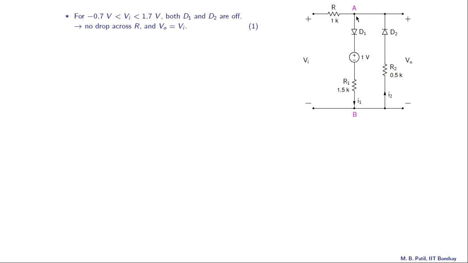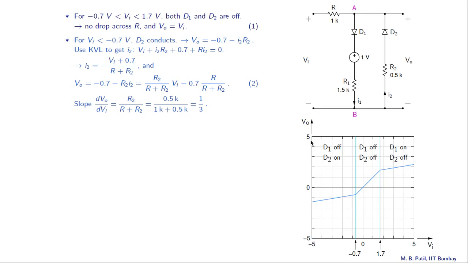So that means there is no current in this branch, no current in this branch. So therefore there is no possibility of any current through R. So what it means is this output voltage Vo must then be equal to Vi, because there is no voltage drop over here, like that.